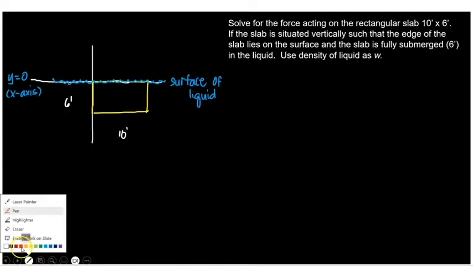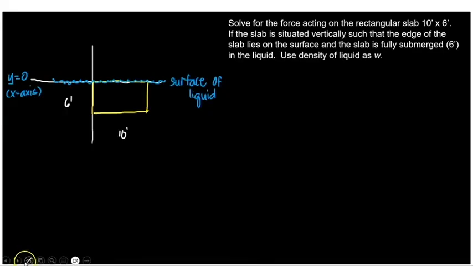In order to solve for the force, we first have to have a representative element. The representative element I want here is a horizontal element, so this would be the differential area. Let's label this one: this would be my dy, or your dh. In our case, let's just say dh.